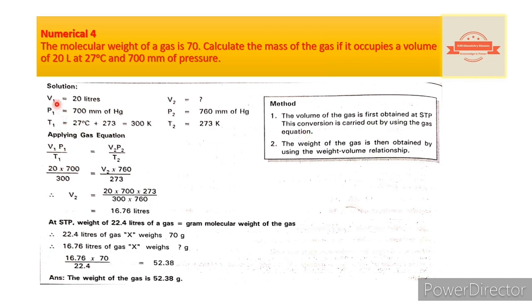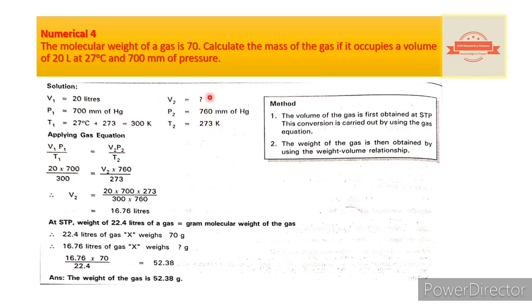Here V1 equal to 20 liter, P1 equal to 700 mm, T1 equal to 27 plus 273 equal to 300 Kelvin, P2 at STP is 760 mm, T2 equal to 273 Kelvin at STP.